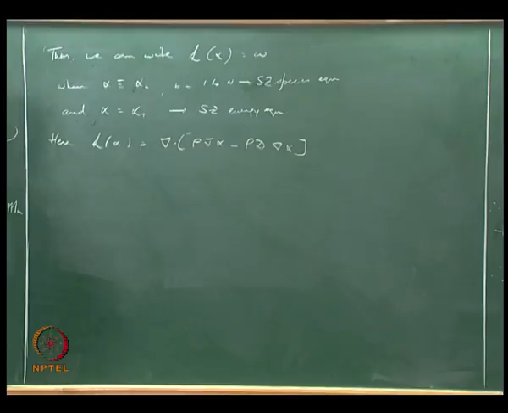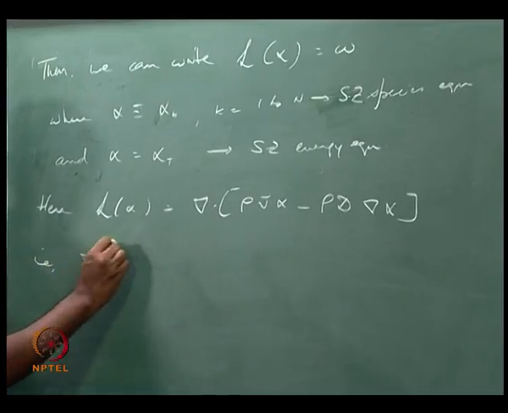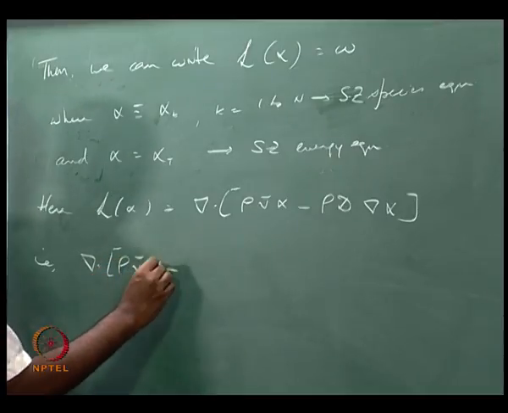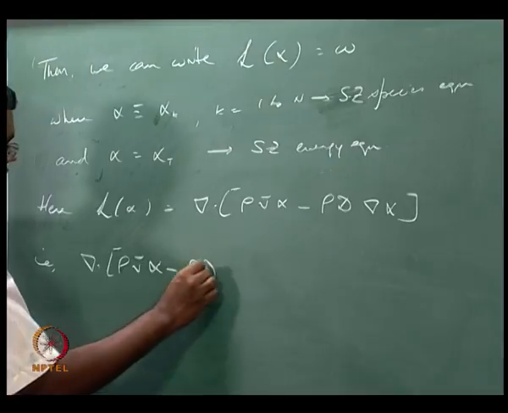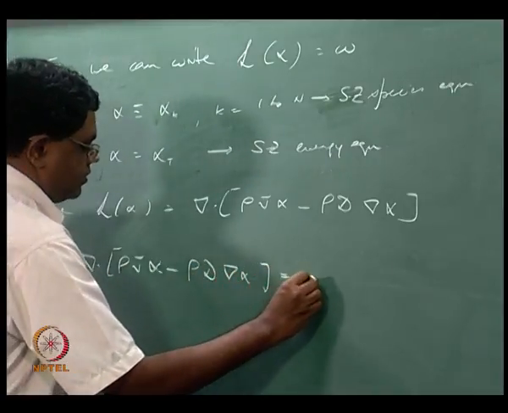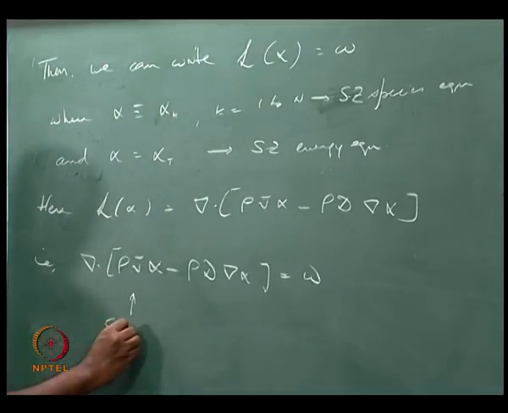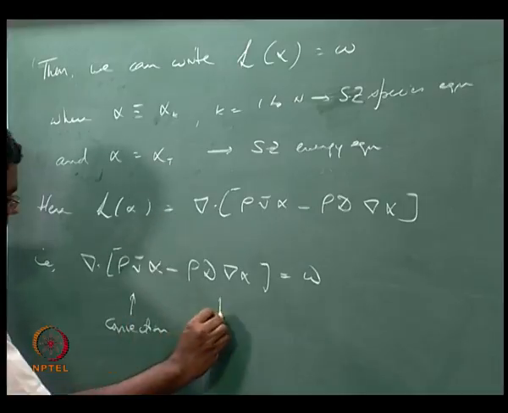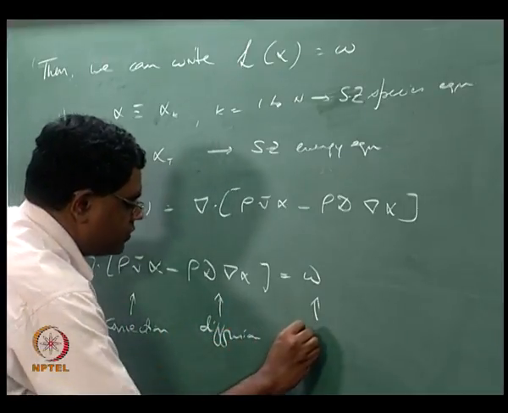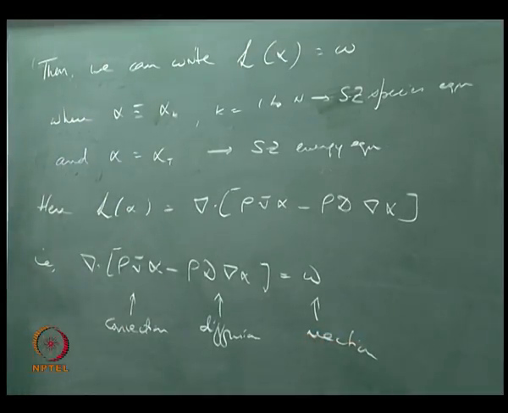So that is divergence of rho v alpha minus rho d gradient alpha equals omega, and this is convection, this is diffusion, this is reaction. We have pretty much achieved our goal.